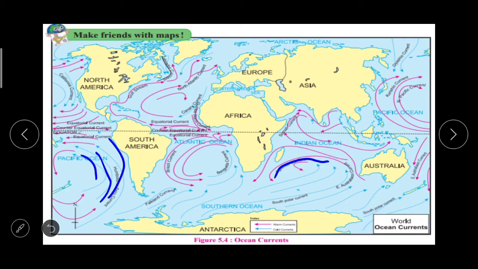What might happen at the places where these currents meet? When two different types of currents meet along the coast, then what type of human settlements and occupations are seen?